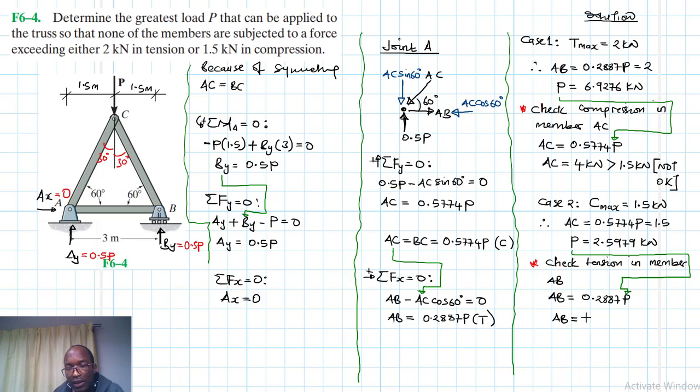And we are finding that our tension in member AB is equal to 0.75 kilonewtons. And what is our threshold tension? It is 2. So this one is less than 2 kilonewtons.